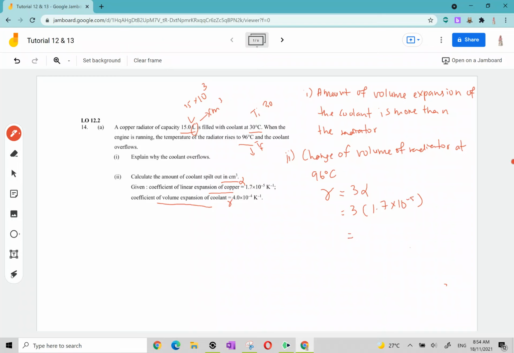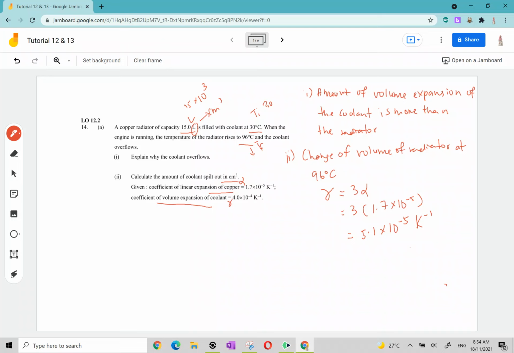Then we get the gamma, the coefficient of volume expansion of the copper, is 5.1 power of negative 5 per Kelvin. So this is the gamma for the radiator.